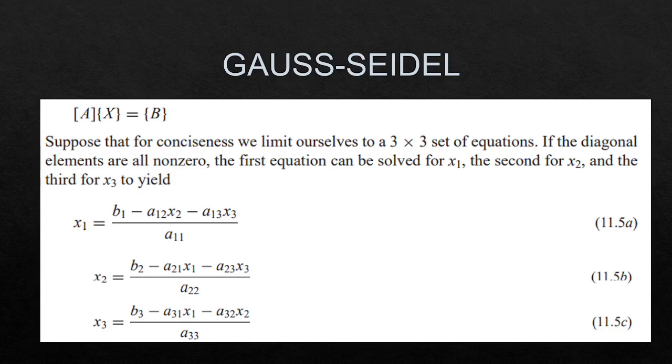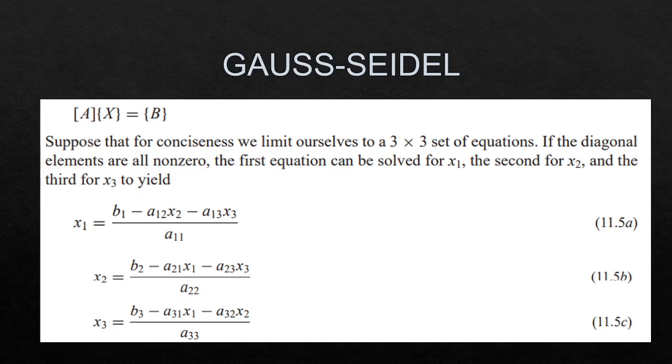So the first thing, again, you have this type of situation: you have matrix A, matrix X, and the matrix of the constants, termed as the matrix B. Suppose you have three unknowns with three equations.